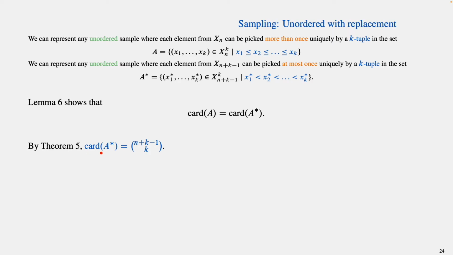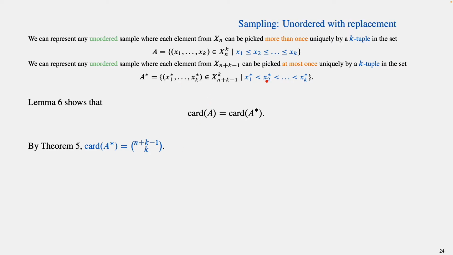And by theorem 5, we know that the cardinality of A star is n plus k minus 1 over k. Because the unordered samples of n plus k minus 1 elements, where we can pick each at most once, that was covered in theorem 5, is given by this binomial coefficient here.